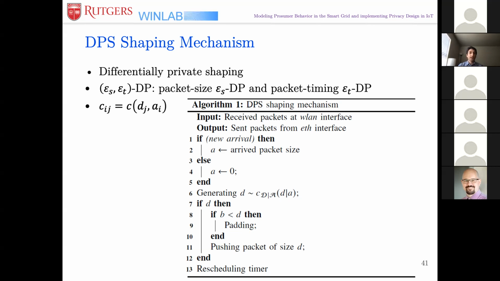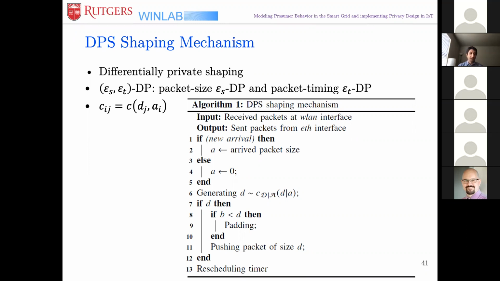In this approach, every T, that is the smallest time interval between consecutive packets, the shaper generates a packet of size D based on a conditional probability distribution. So if we have a packet arrival of A_i in the WLAN interface, the shaper randomly chooses the size D_j with probability C_ij and pushes it to the Ethernet interface.